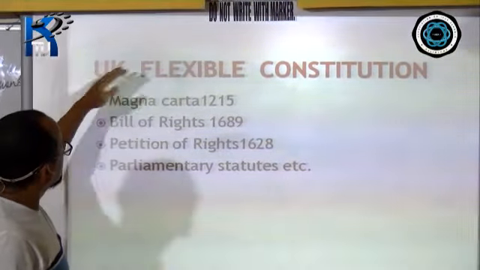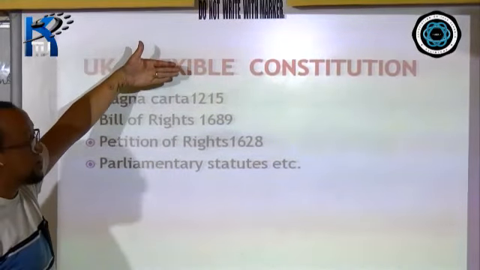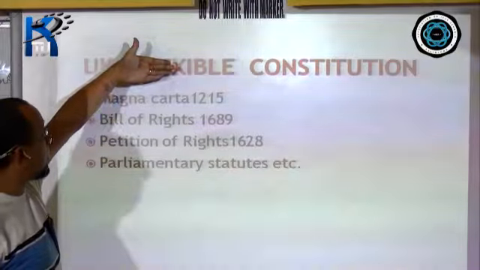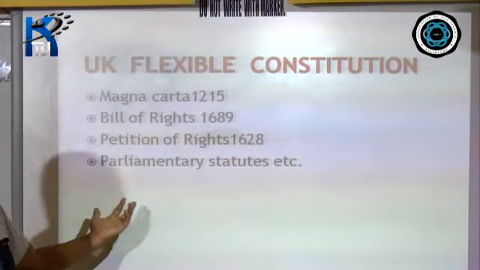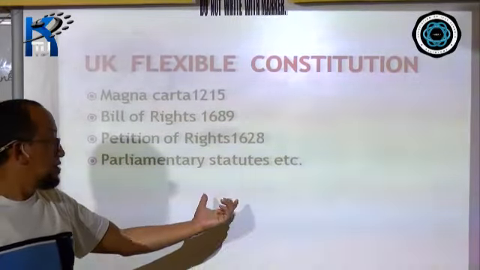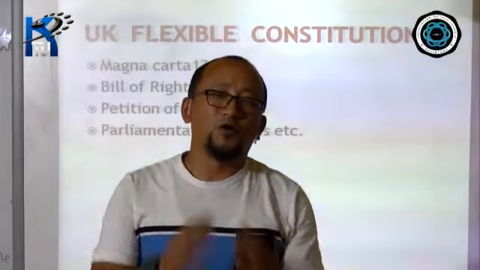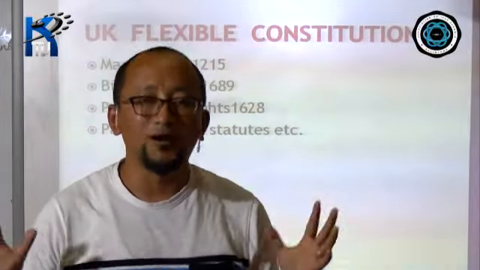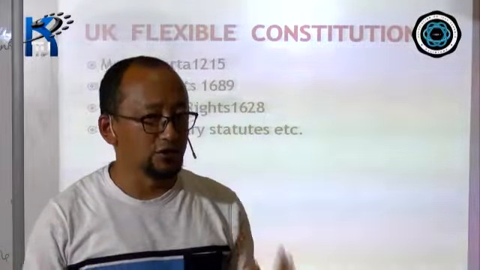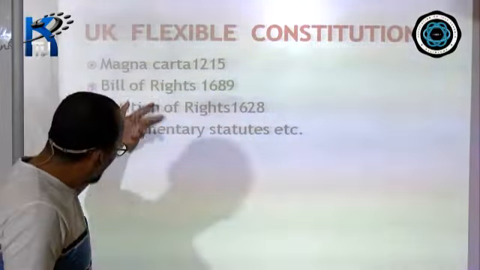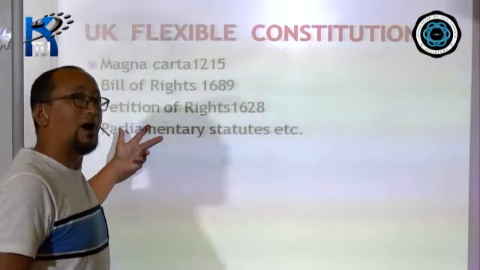In the UK, despite the fact it is unwritten, yet again we find certain things in a written form, in the form of drafts: Magna Carta, the Bill of Rights, the Petition of Rights, or even the Parliamentary Statutes. To tell you what statutes are, statutes are basically the laws which are made by the Parliament or legislature, not made by the Constitution, but by the legislature. So these are things which you may find in a written form, despite the fact the UK Constitution is unwritten.